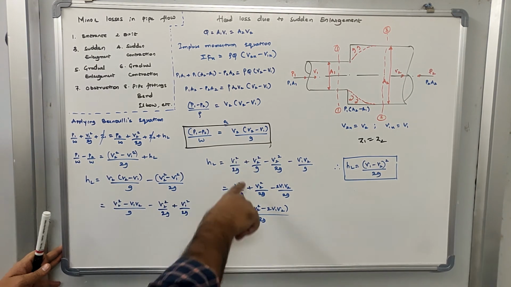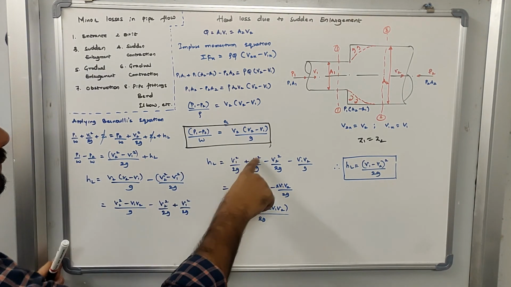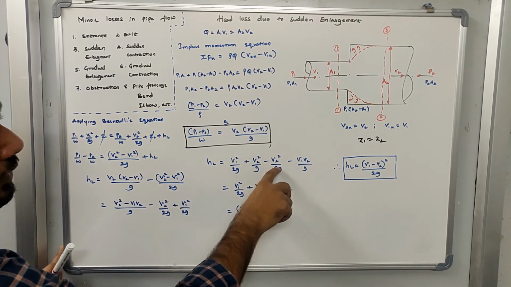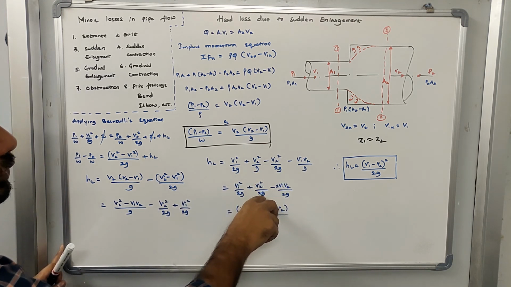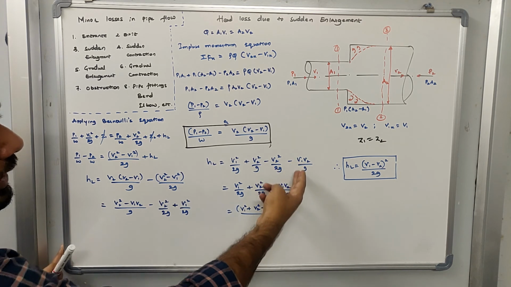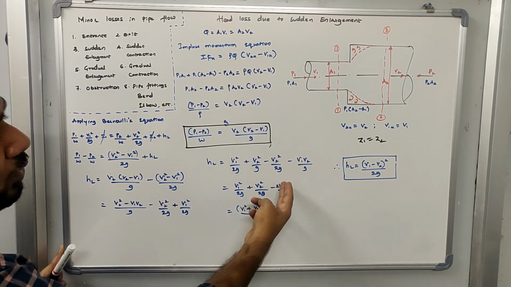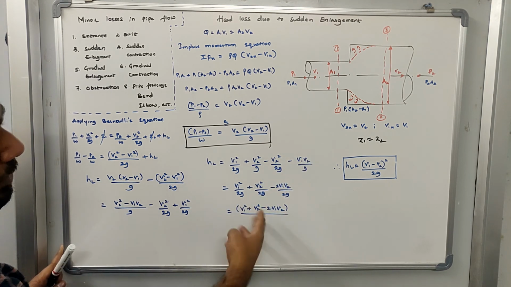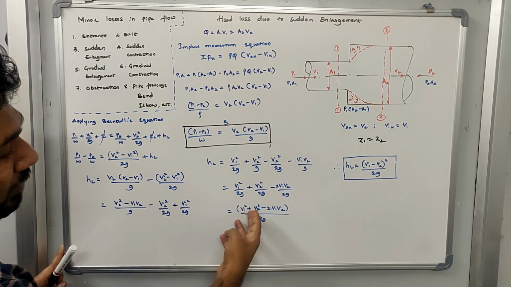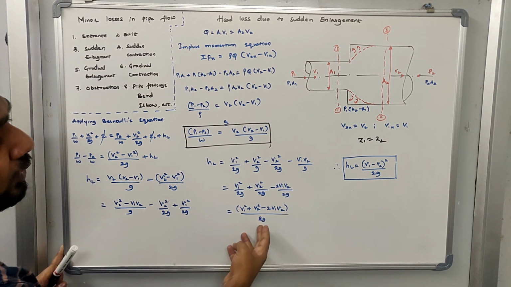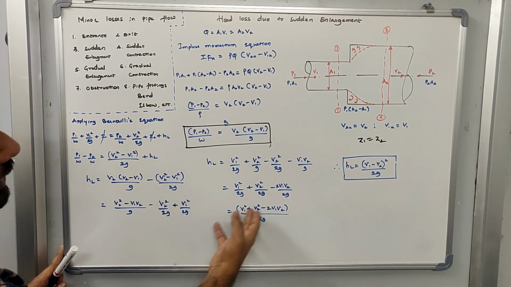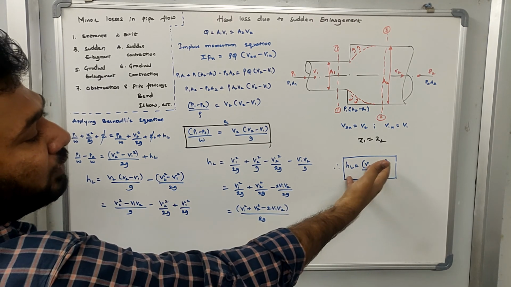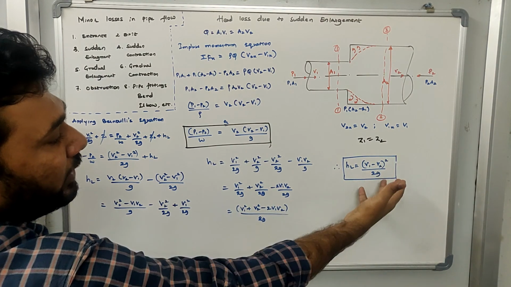Further simplifying, V1 square by 2G plus V2 square by 2G minus V2 square by 2G will be equal to V2 square by 2G itself. I have multiplied 2 on numerator and denominator for this term. After simplifying, this is what I will get: V1 square plus V2 square minus 2 V1 V2 divided by 2G, which is V1 minus V2 whole square divided by 2G.